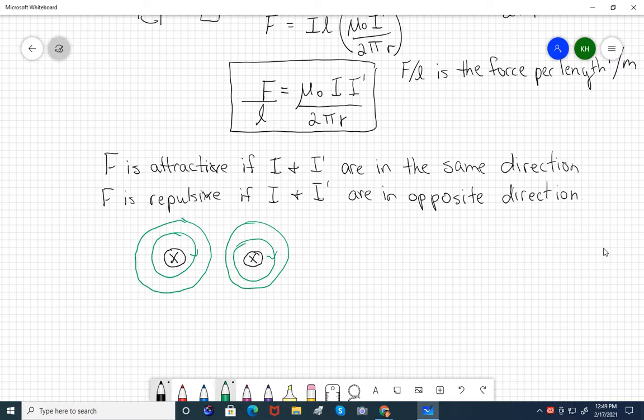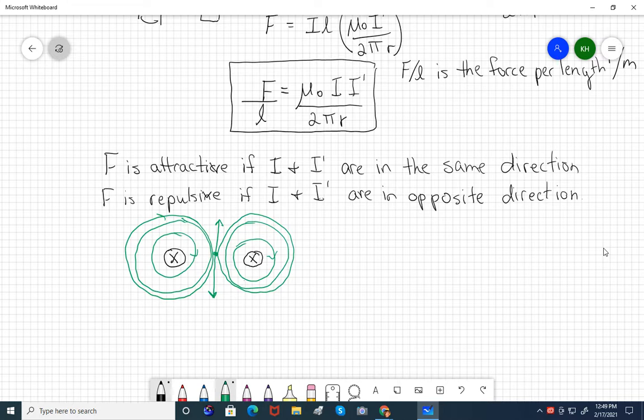If we get right at the midpoint, right here, this magnetic field is pointing straight up, and this magnetic field, which goes the other way, would be pointing straight down.